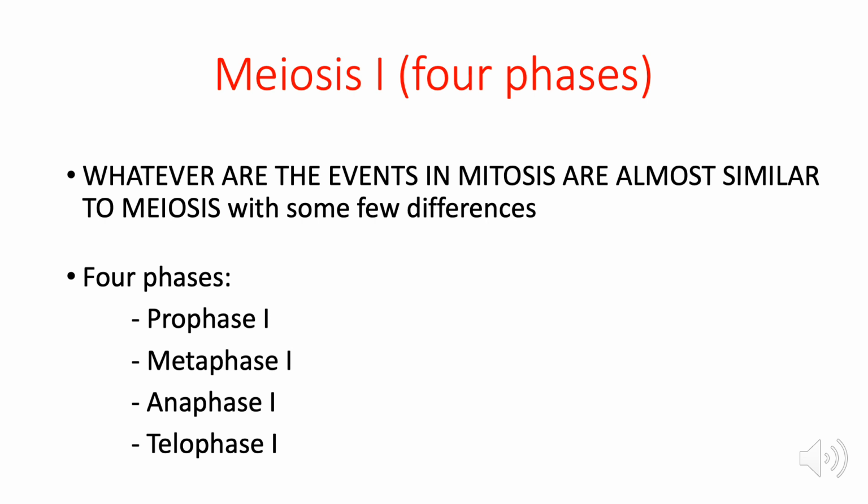So therefore, the 4 phases in meiosis I are the following: prophase I, metaphase I, anaphase I, and telophase I. Whatever are the events that you have memorized for the prophase, metaphase, anaphase, and telophase of mitosis may also be the same with the events that will occur in meiosis I. It's just that there are slight differences.